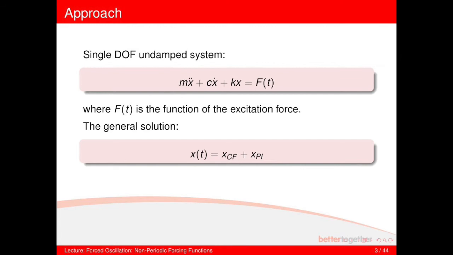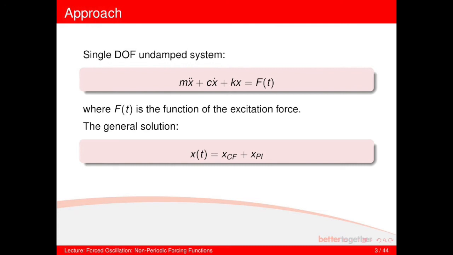And what happens in a real damped system is XCF will slowly decay away to nothing, and you'll be left with just the PI bit. With a free response that's got damping, as you start the oscillation, it will oscillate, and then the oscillation will die out to nothing, whereas XPI will be left with you, because that's the bit that's due to the force being applied.